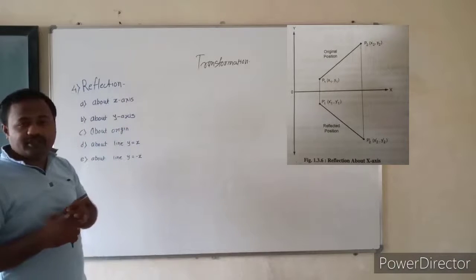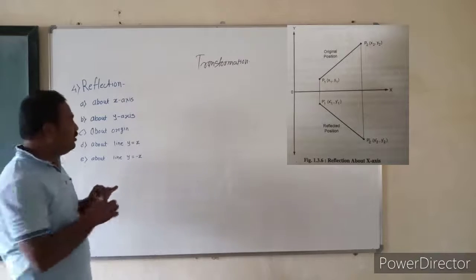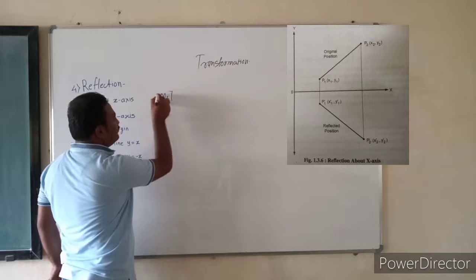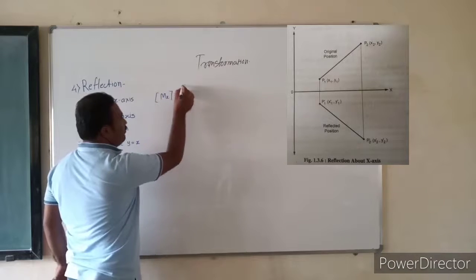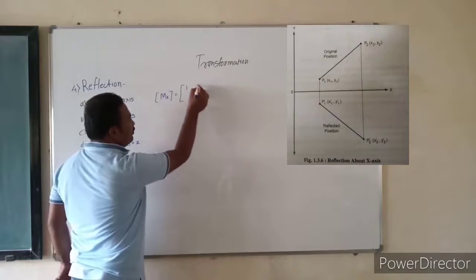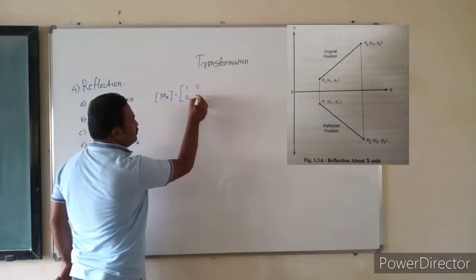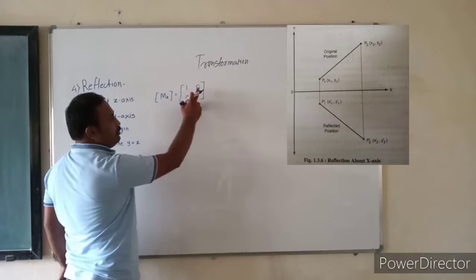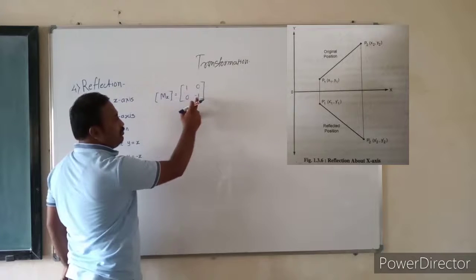For finding the new coordinates, the reflection matrix Mx is 1 0 0 minus 1.